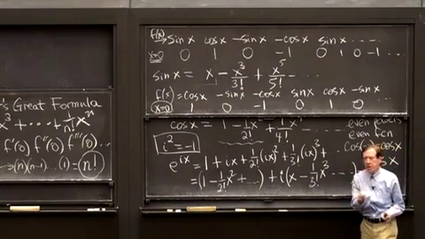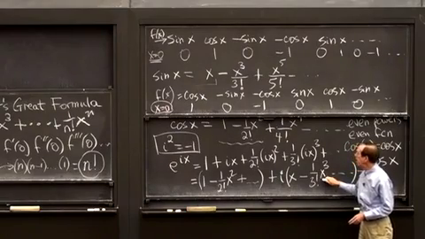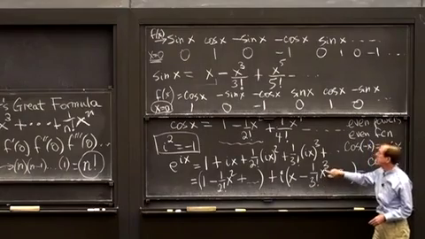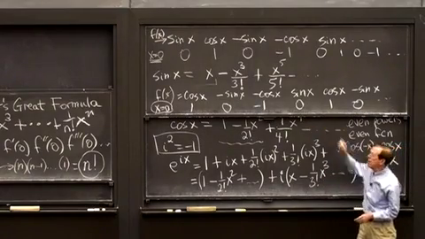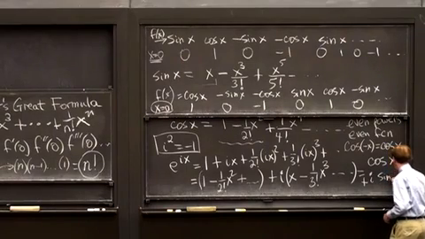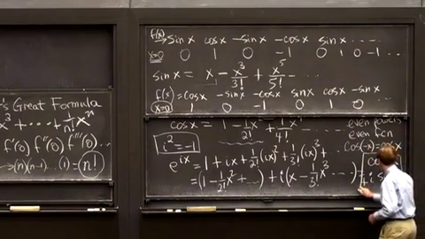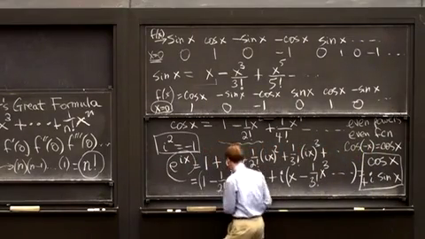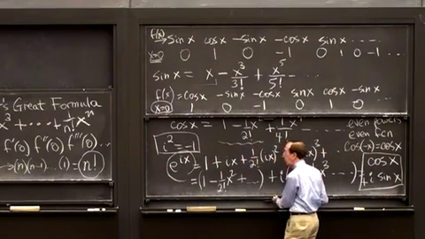And you can see what that series is. It's the sine series. x minus 1/6 x cubed plus 1/120th of x to the 5th, sine x. There is Euler's great formula that e to the ix, oh, I better write it on a fresh board.